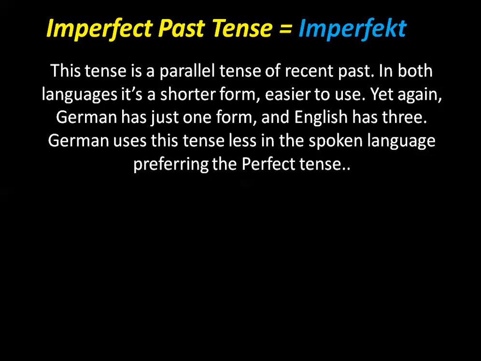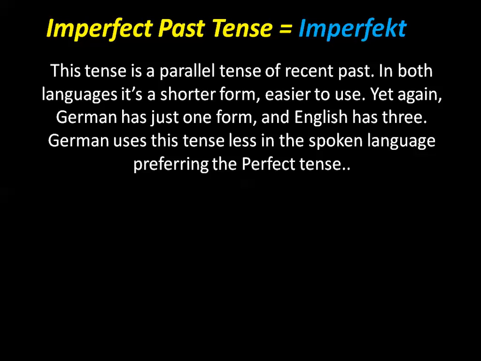And one other important thing to make mention of here is that German uses this tense less in spoken language, with the exception of the verbs haben und sein, which you often hear in the imperfect tense, and also a lot of times the modal verbs in German.